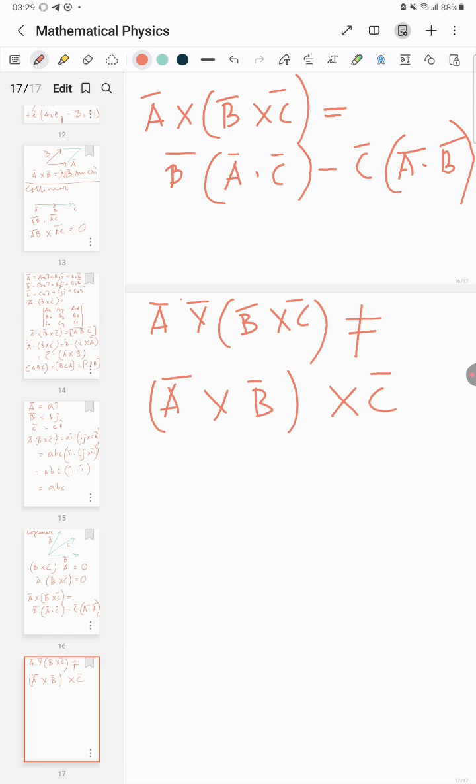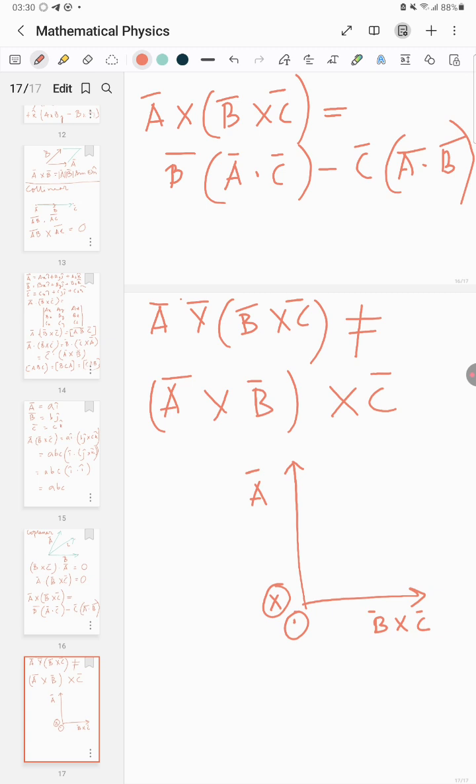So for example, let us consider graphically that this axis represents A and this axis represents B cross C, a vector which is perpendicular to the plane containing B and C. So then the triple cross product will have a direction either into the plane or out of the plane, whichever way we take it.